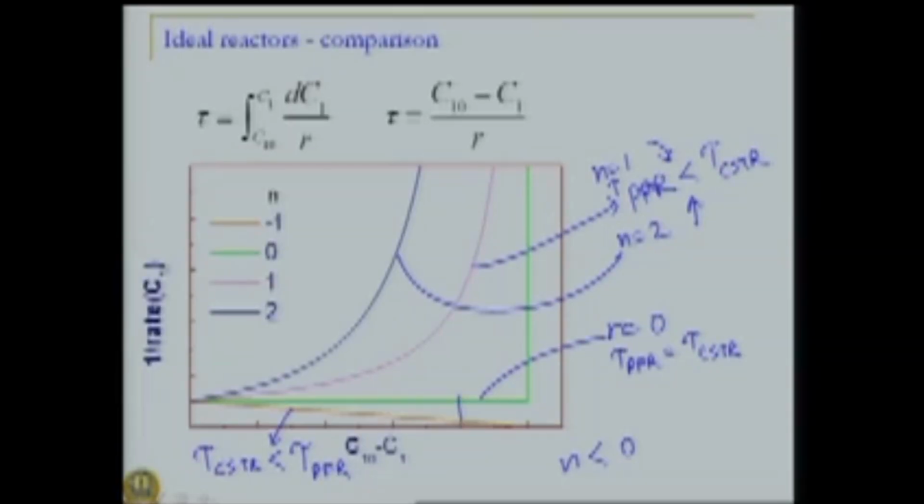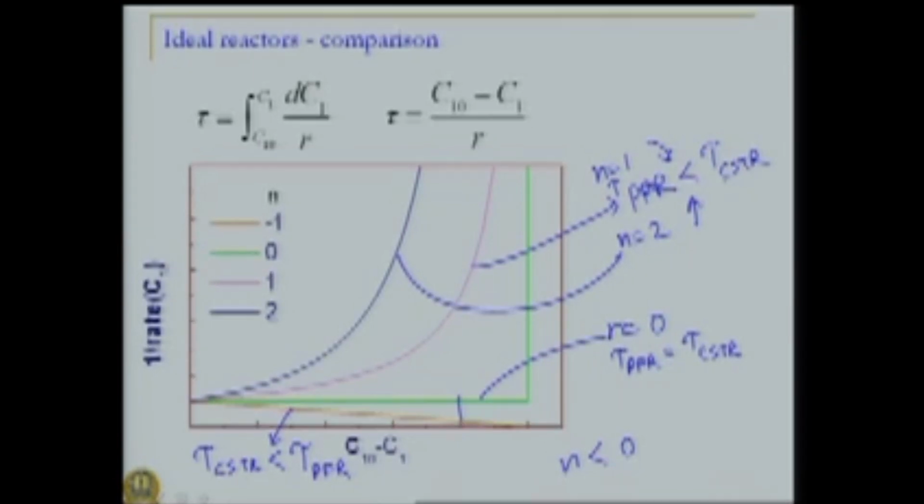So, to recap, for all values of n greater than 0, that means the rate of reaction increases as concentration increases, whether it is linear or non-linear is immaterial, the plug flow reactor will be better than a CSTR.